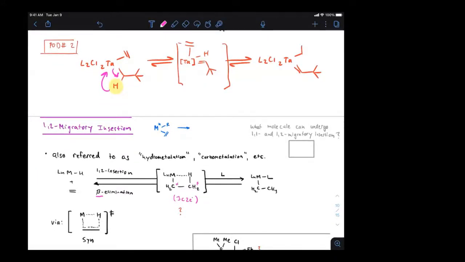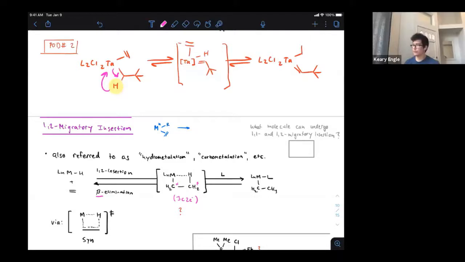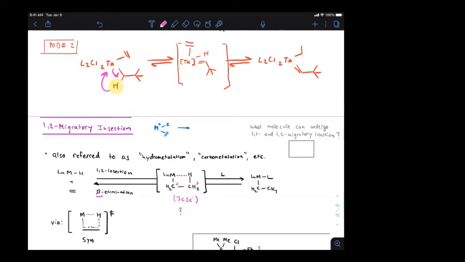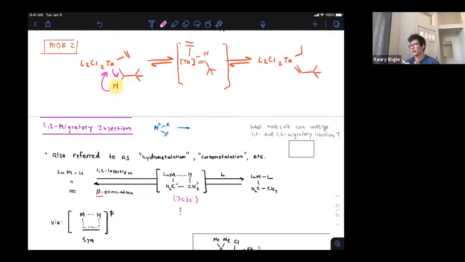Can you do migratory insertion to the alkene and then just do the alpha hydrogen elimination? Yeah, we'll talk about this. In general, if you have the choice for a 1,2 migratory insertion, the trend is a little bit different than what we saw with 1,1. In a 1,2 migratory insertion, if you have the choice to migrate a hydride or an alkyl, the hydride will always migrate preferentially. I'll talk about why that is briefly. So follow up if it's not clear from my explanation, Wayne.